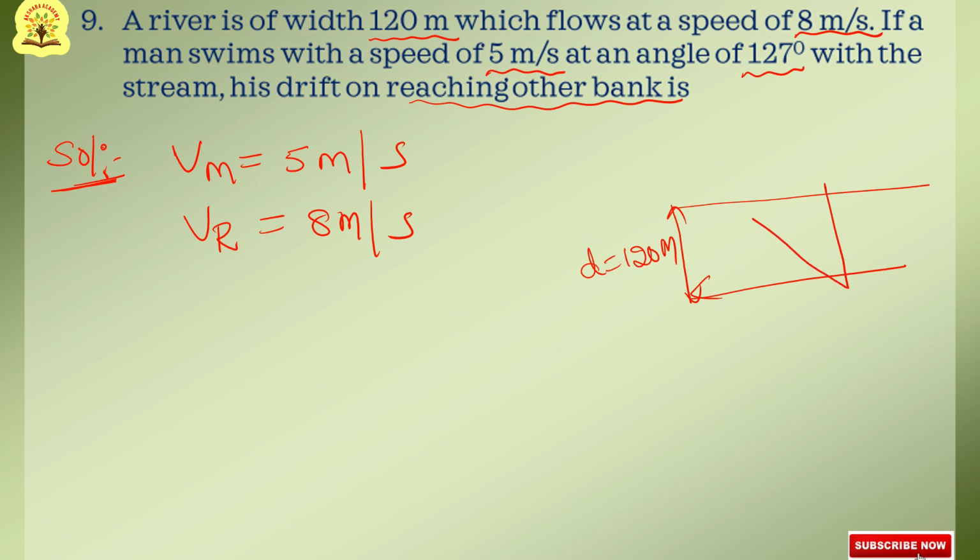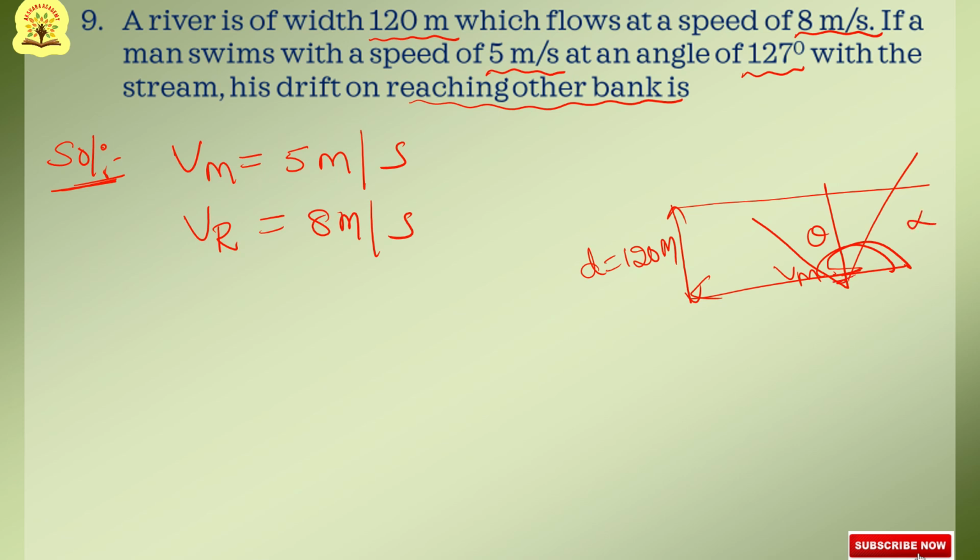Here we are taking the angle theta with Vm, and the velocity of the river making an angle alpha.